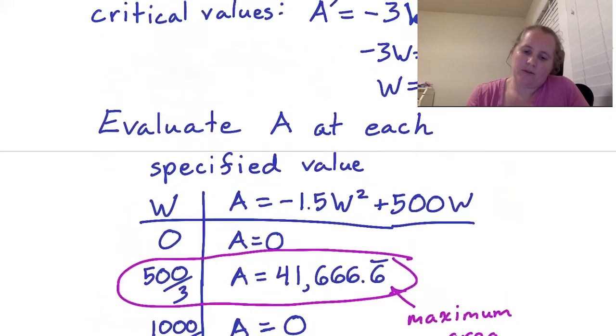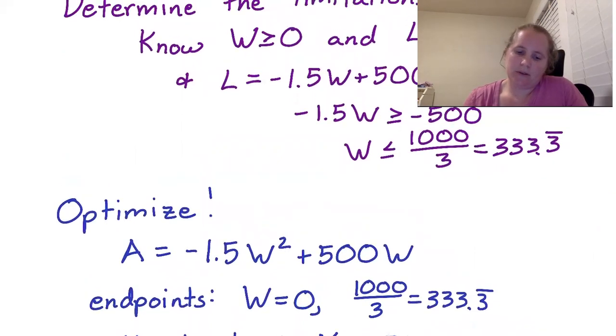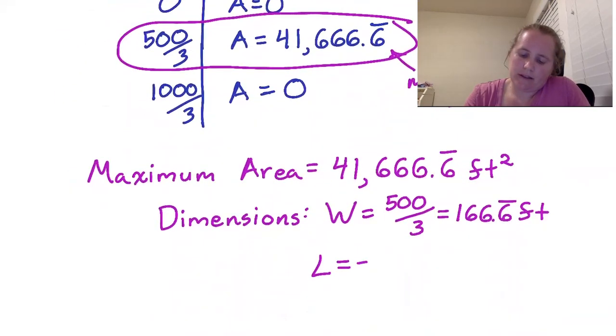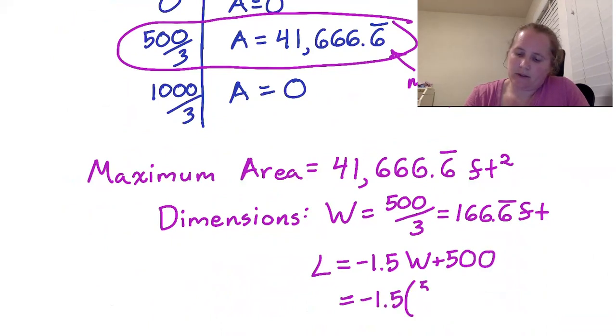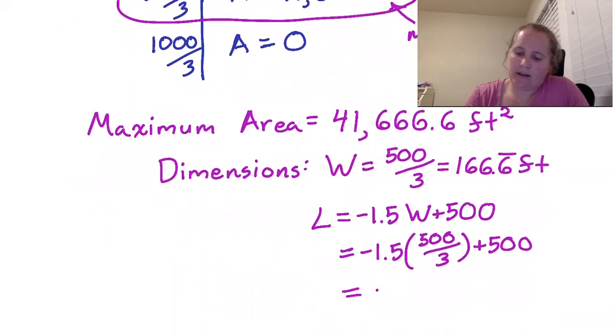we had a formula for. L was equal to negative 1.5 W plus 500. So L is negative 1.5 times 500 thirds plus 500, and we wind up getting 250 feet.